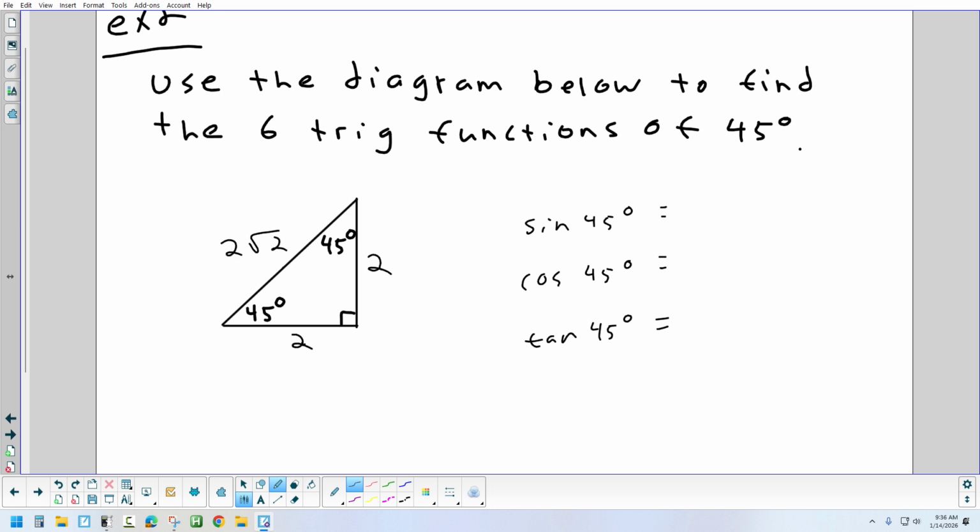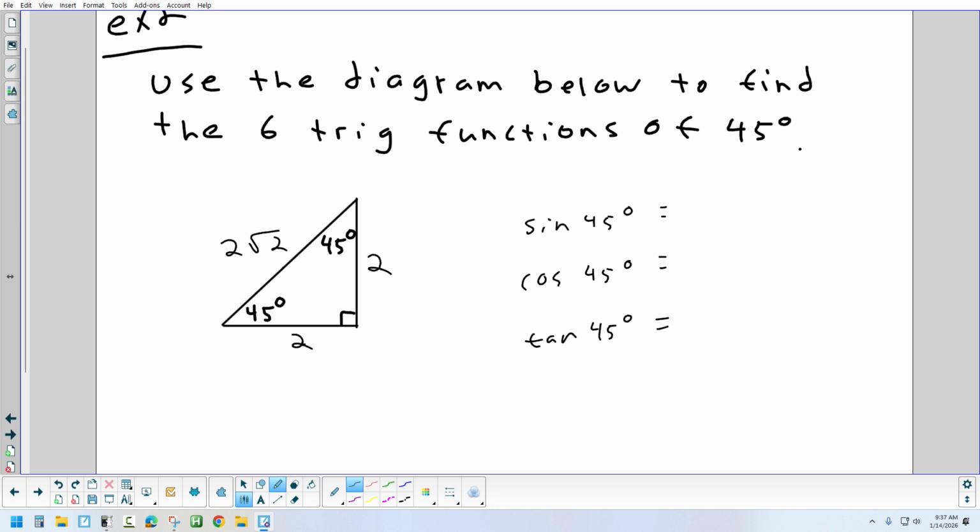So which 45-degree angle should we use as our reference point? The one in the lower left or the one at the top? I guess we could just use the bottom.